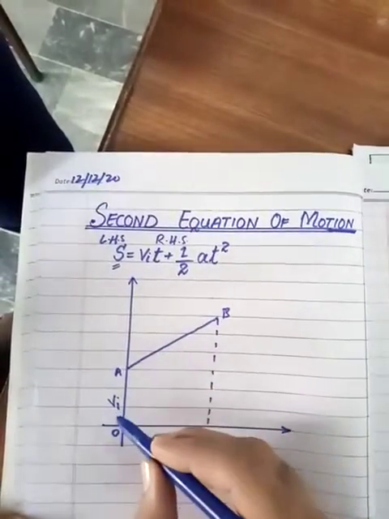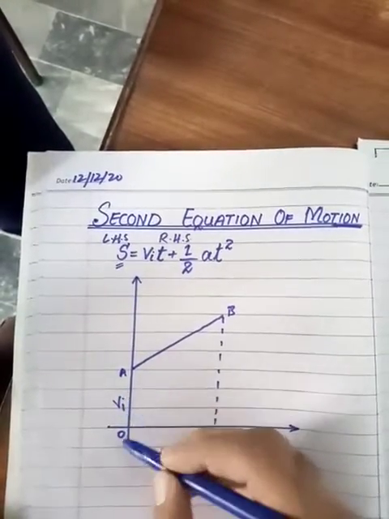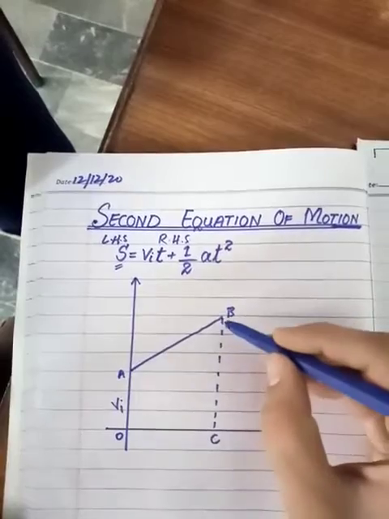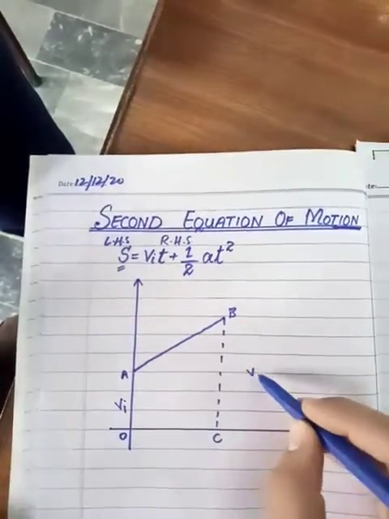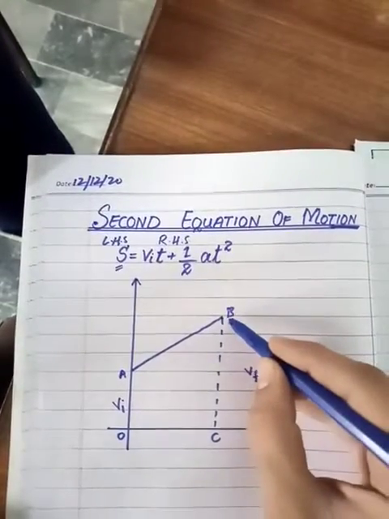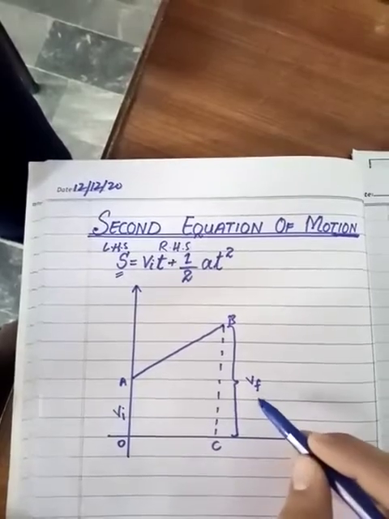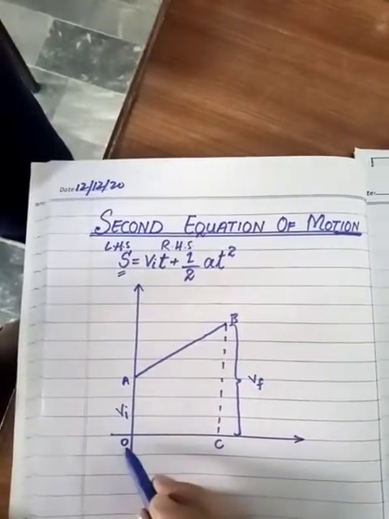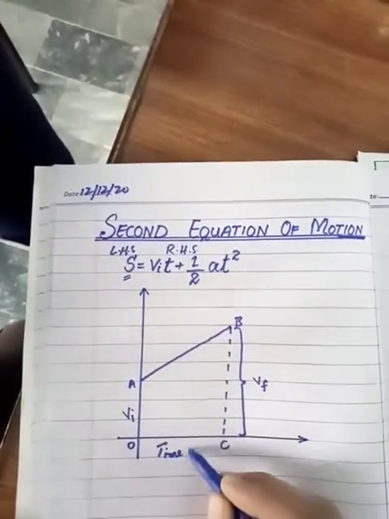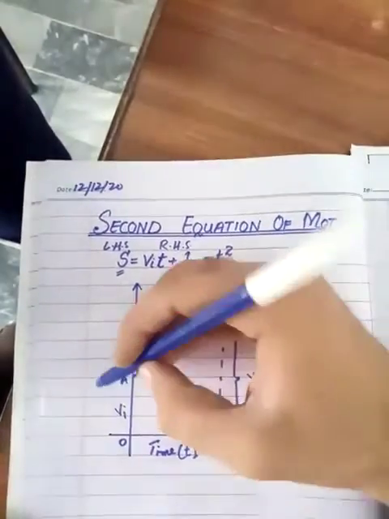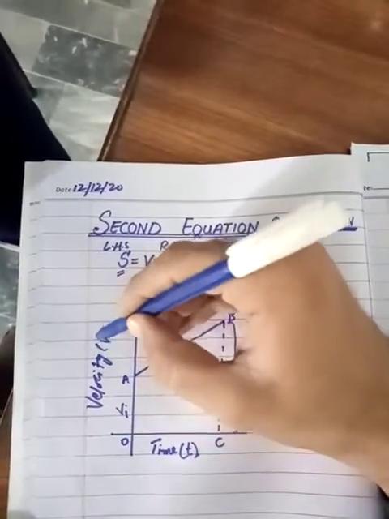So here you can see that initially the body was with initial velocity, OA represents the initial velocity of the body. When the body comes to point B, it represents the final velocity of the body. From point B to point C, it represents the final velocity, and on the x-axis OC represents the time t, while the vertical axis represents the velocity of the body.